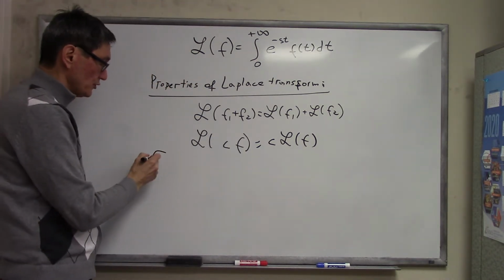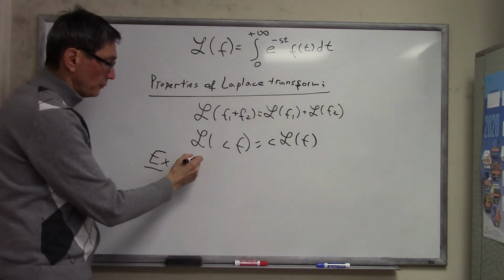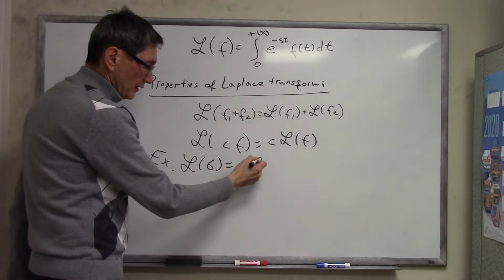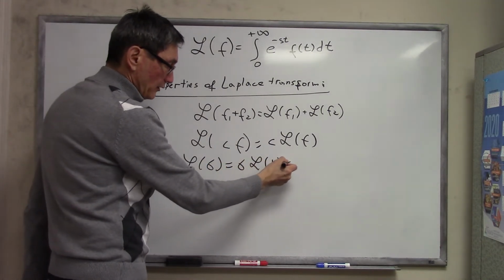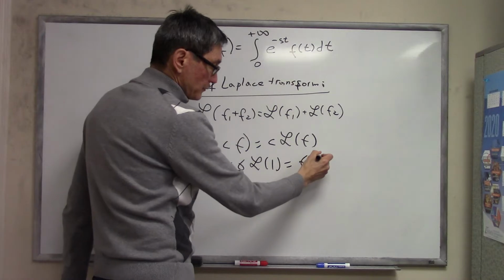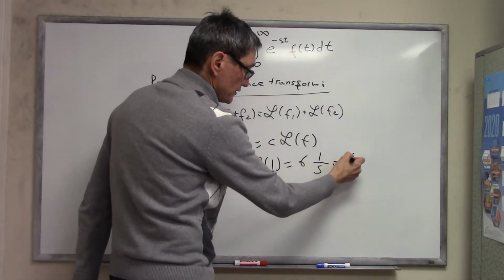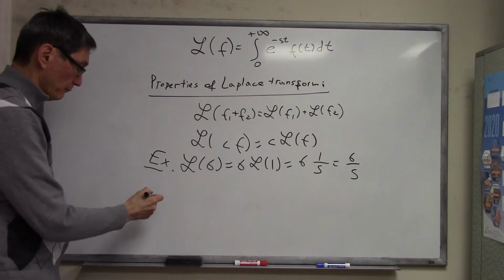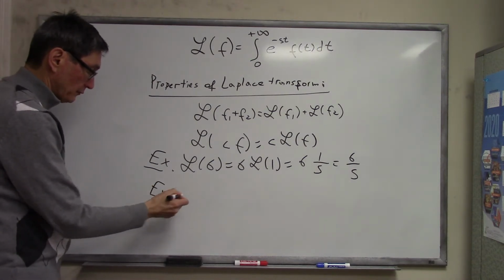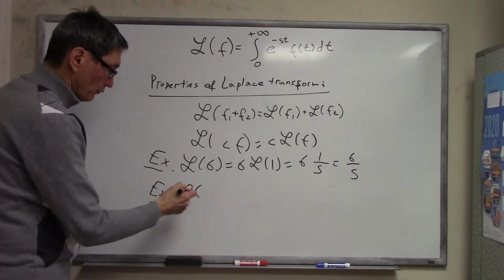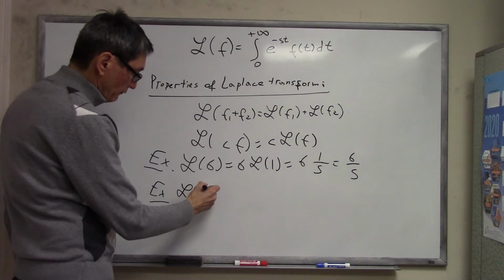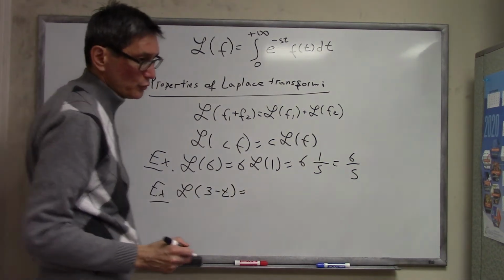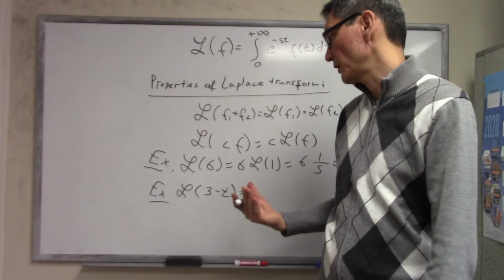For example, if you want to use that, Laplace transform of 6 equals 6 times Laplace transform of 1, which is 6 times 1 over s, which is 6 over s. Second example, Laplace transform of 3 minus t. So we're going to get Laplace transform of 3 minus Laplace transform of t.